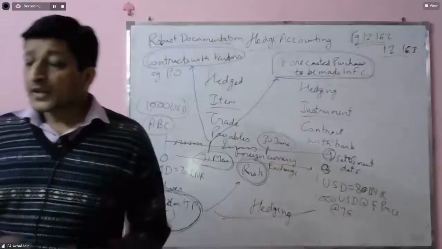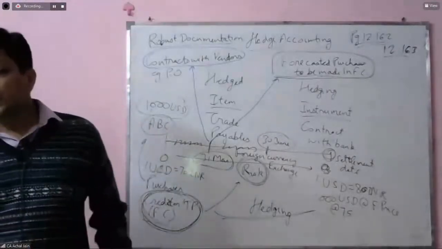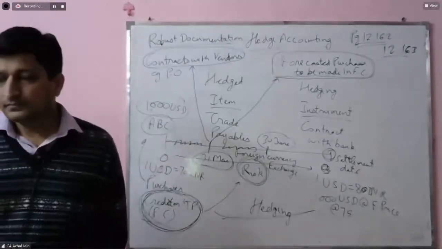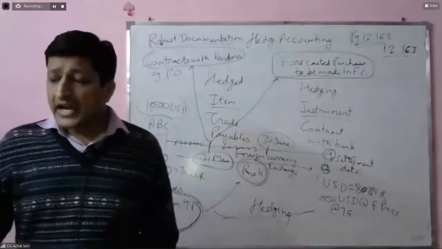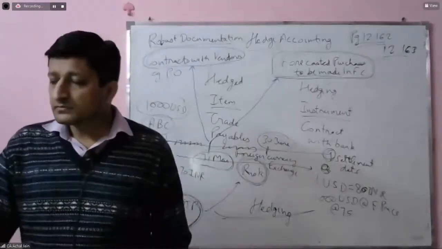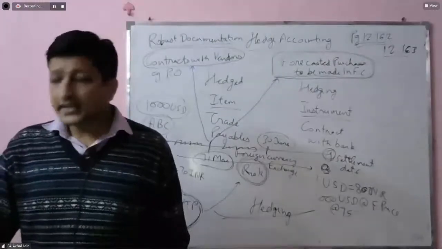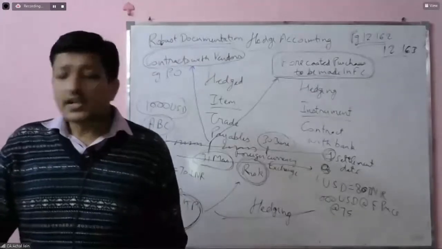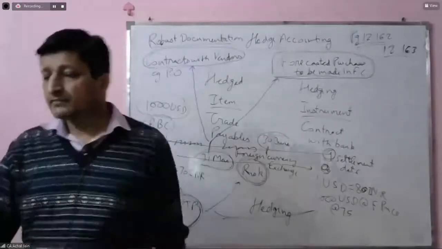Next, gain or loss may comprise both hedging instrument and hedged item. If the hedged item is a financial asset that is measured at fair value through OCI, other than equity designated as fair value through OCI, hedging gain or loss on the hedged item shall be recognized in P&L.